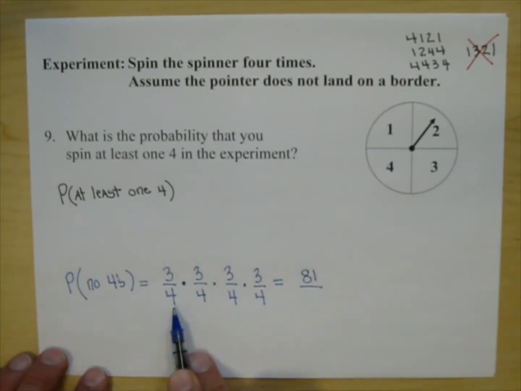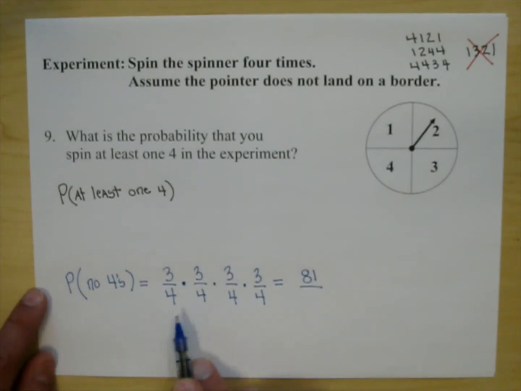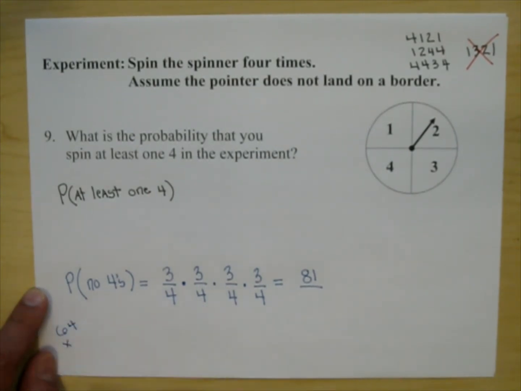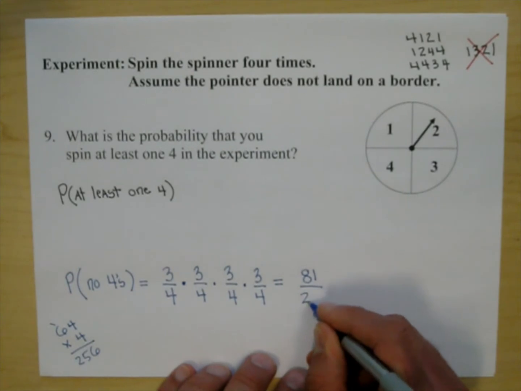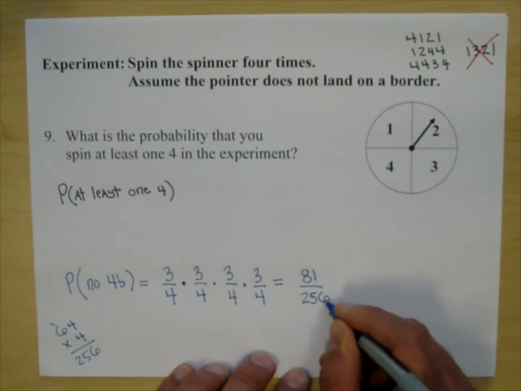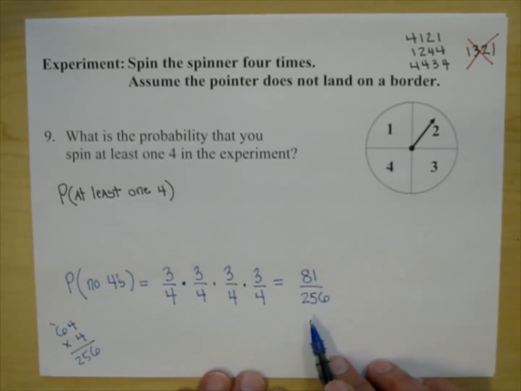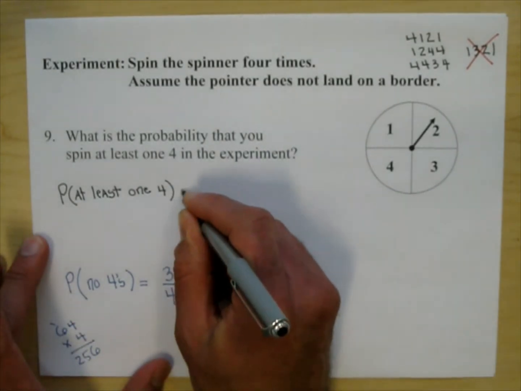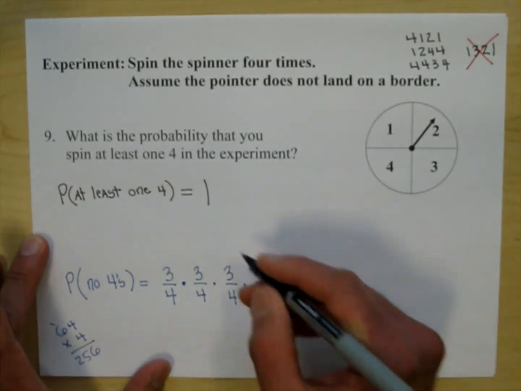On the bottom you get 4 times 4, which is 16. 16 times 4 is 64. 64 times 4, let's go ahead and see what that is. 24, 25. Well, that's 256. Okay. And resist the temptation of boxing that and calling that your answer. What you want to do, this is our complementary probability. We want to go 1 minus that.